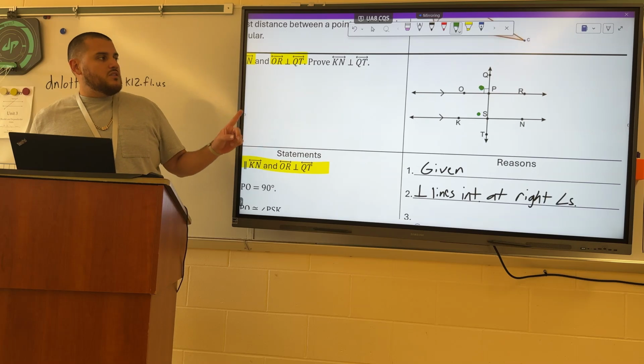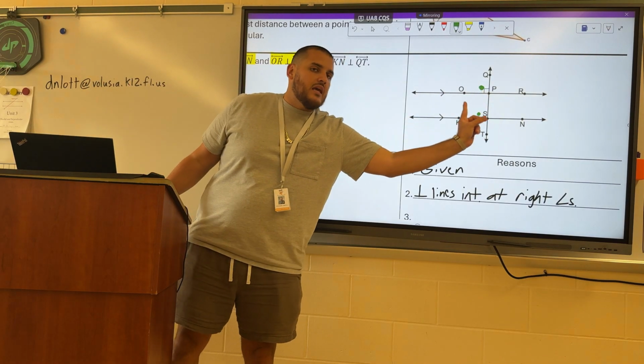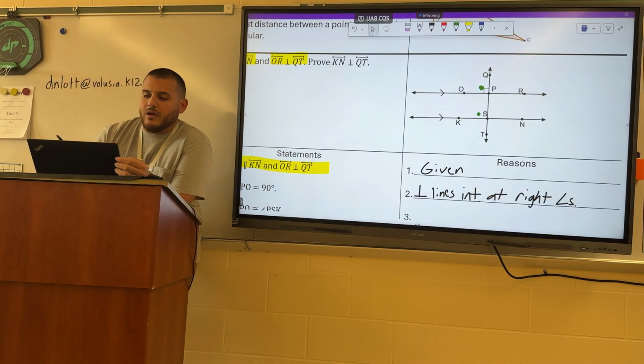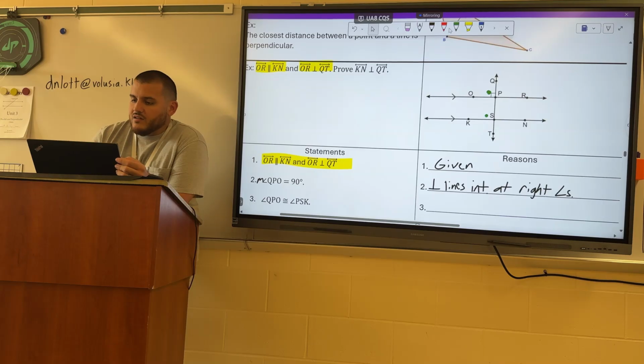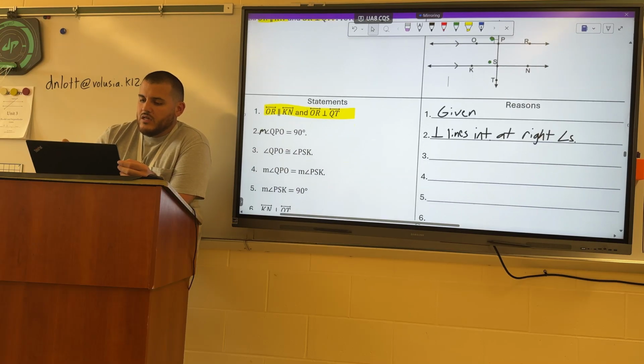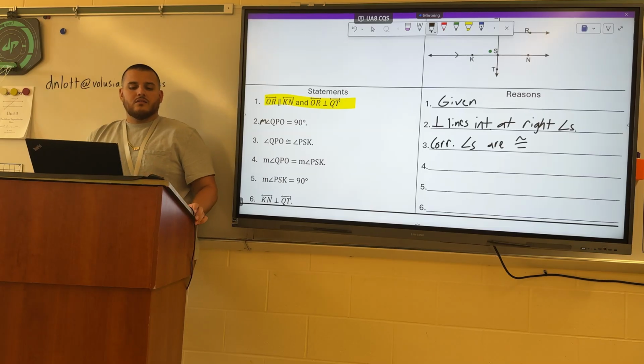That's that matching position, because QPO is in the top left of its intersection, PSK is in the top left of its intersection. These are corresponding angles, and because our lines are parallel here, we had a theorem that we learned that corresponding angles are congruent to each other. So that's the reason these angles are congruent. We're going to say corresponding angles are congruent on parallel lines.